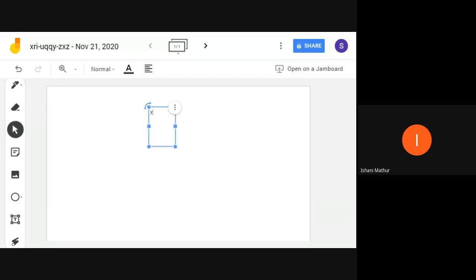So when I have a single variable x, what are the two values that it can have? 0 and 1. Now suppose I talk about two variables x and y. x in itself can have two values, 0 and 1, and y in itself can also have two values individually, 0 and 1.